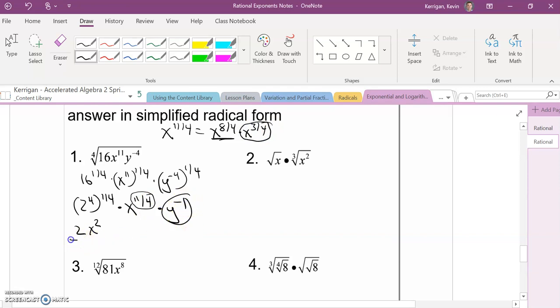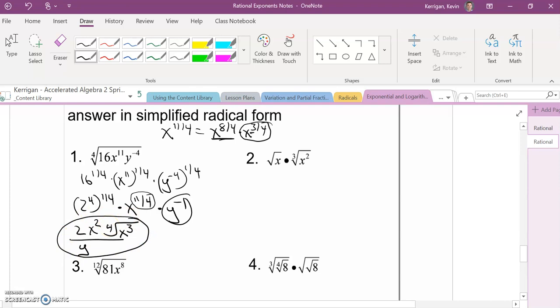Y to the negative 1st, that's going to just move down to my denominator like this. And then notice x to the 3/4. If I convert that back to a radical, my denominator is the index, so it's going to be the 4th root of x to the numerator power, the 4th root of x cubed. And that would be my final answer here.